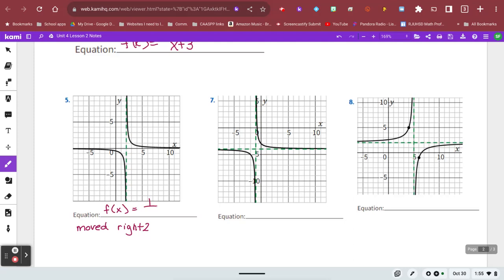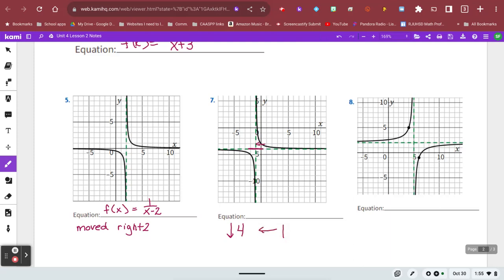So 1 over x to the right means we're going to go minus 2. So it's the opposite of what it is. So the right side is more positive, so we're going to put a minus. It's always the opposite. Now here we can see we moved down 4. And we also moved to the left 1.